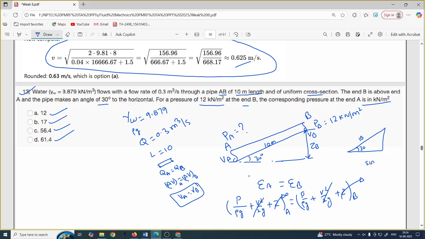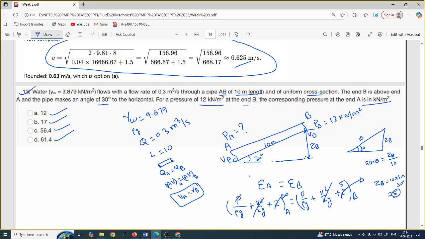You know sine theta is equal to ZB by 10. So ZB is equal to 10 into sine 30. Sine 30 is nothing but half, so you will get 5. So ZB is equal to 5.